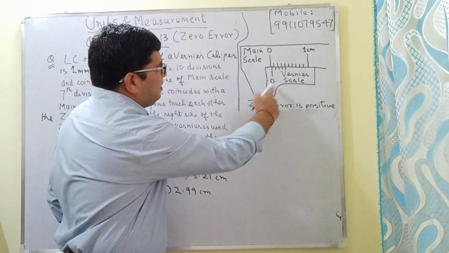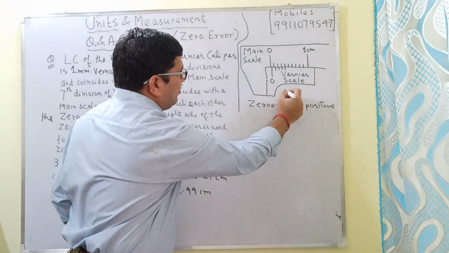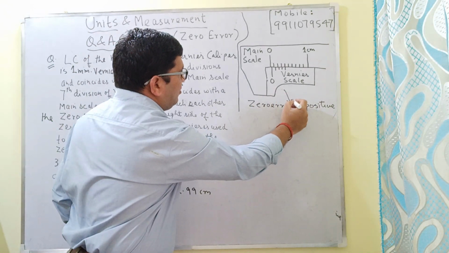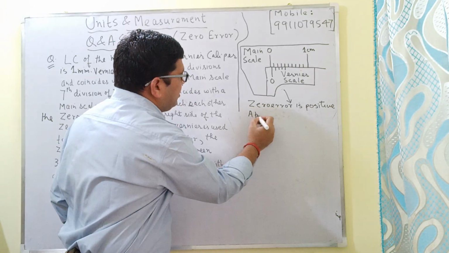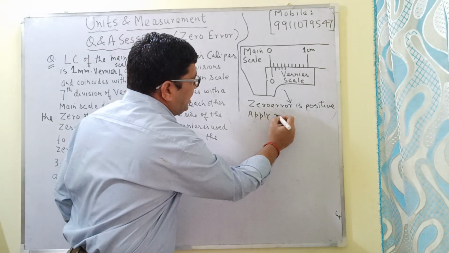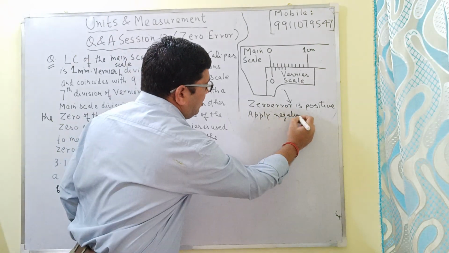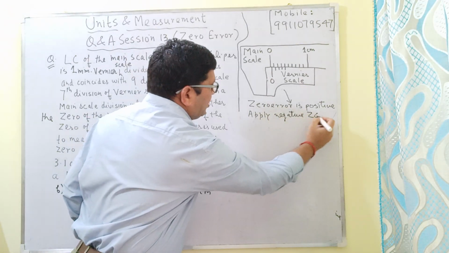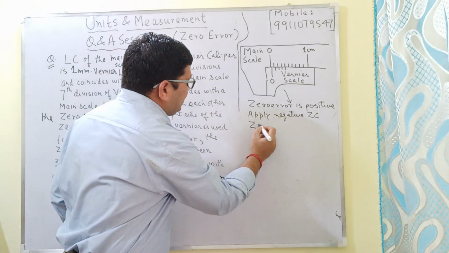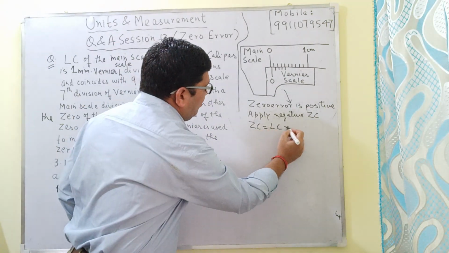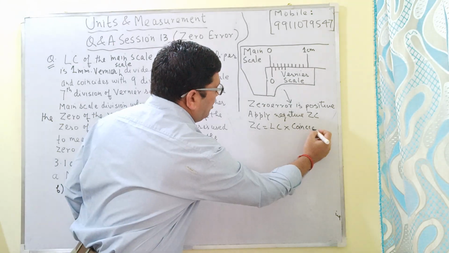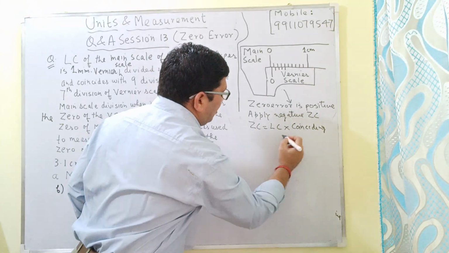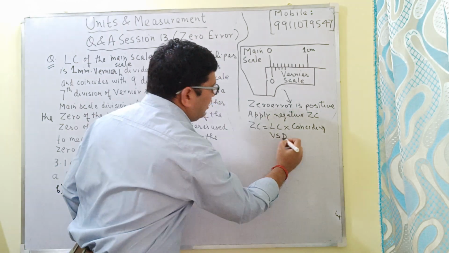In this case the zero error is positive, and we will apply negative zero correction, and zero correction is equal to least count into the coinciding vernier scale division.